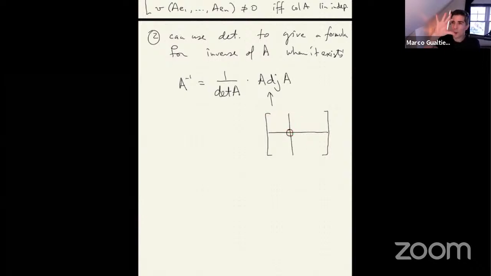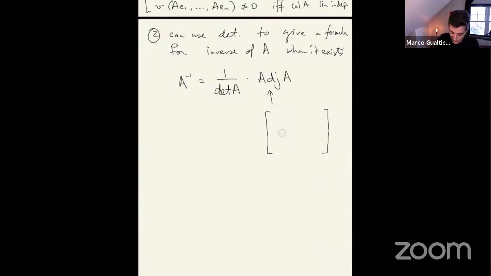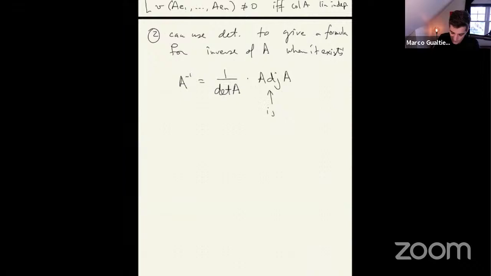So you create a new matrix where the ij entry is the determinant of the n minus 1 by n minus 1 submatrix of A obtained by clearing the i-th row and j-th column.